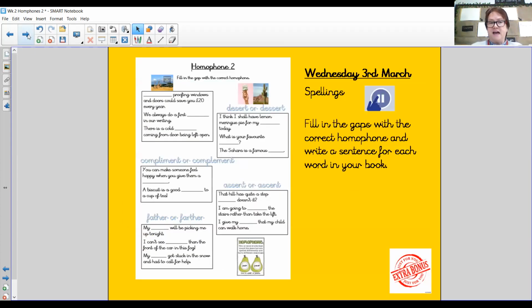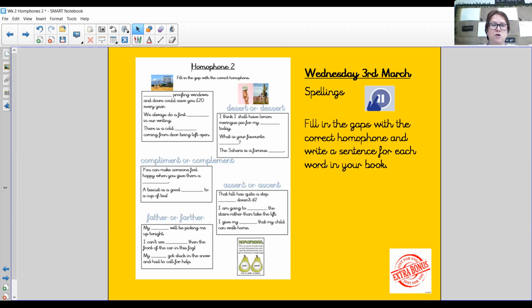So our work for today is this sheet. Now, this will also be on your timetable. You don't need to print it off. You can just copy the sentences. You can pause this page. And at the top of each section are the choice of words. So this is for draft or draught, as Miss Hersey says it.